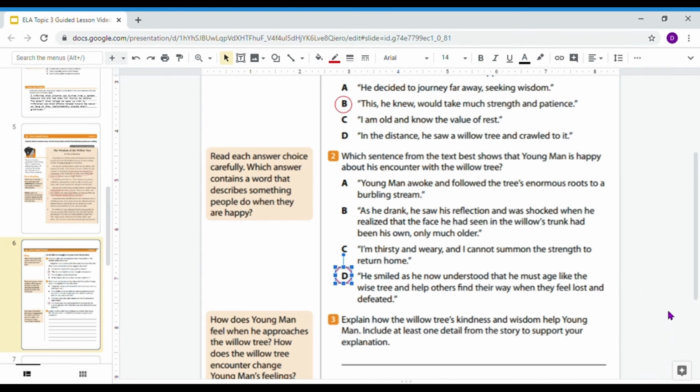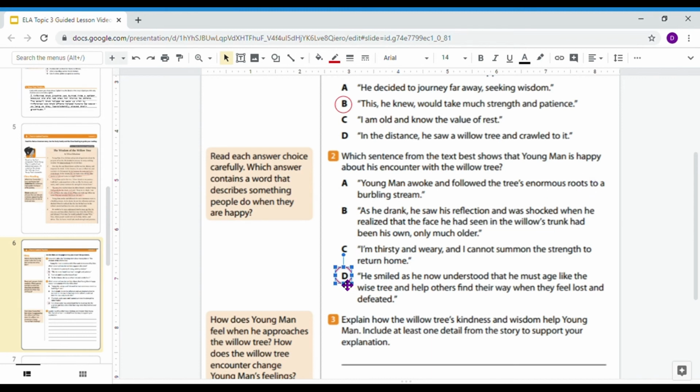and working on those skills. Choice A is all his actions. So there's nothing in this sentence A that shows anything about feelings, about him being happy. It's just actions. And B, it describes him as shocked. So when I think of somebody being shocked, I don't necessarily think of them as being happy.